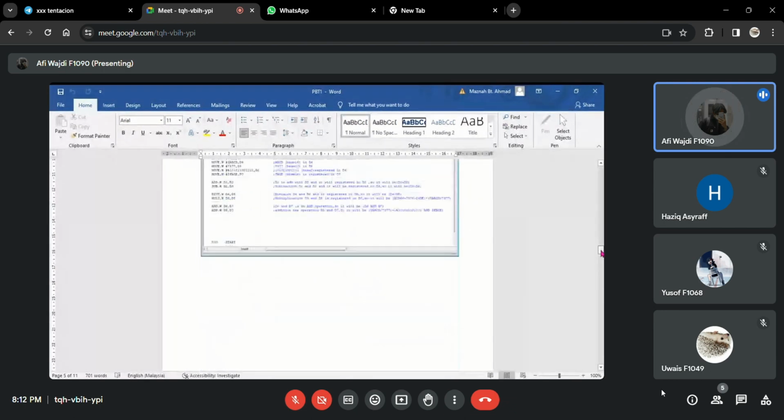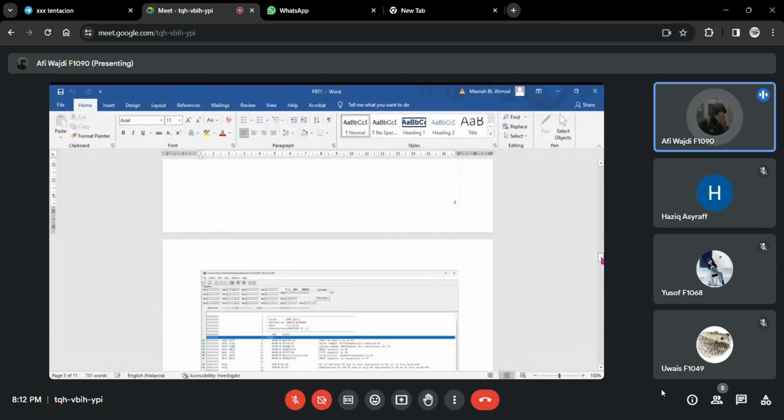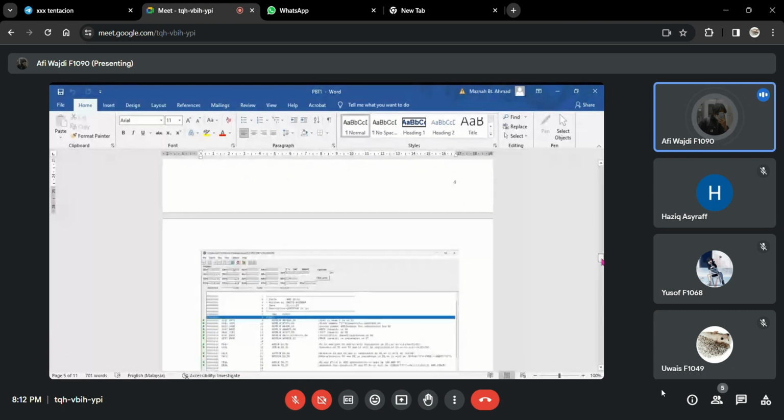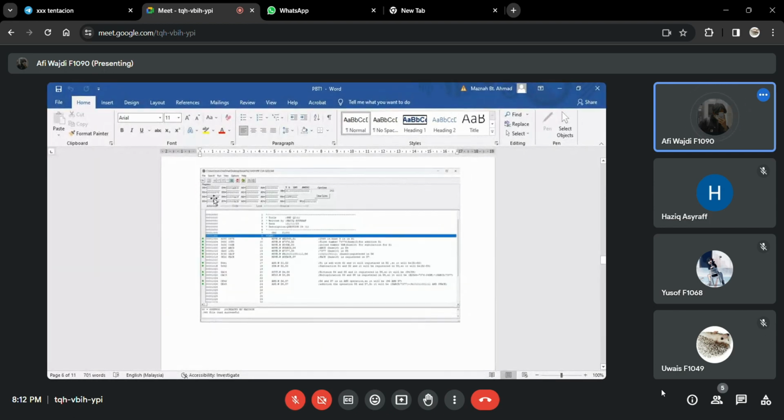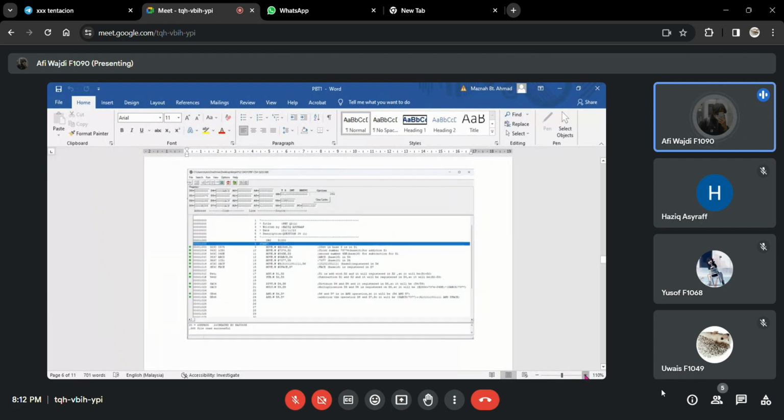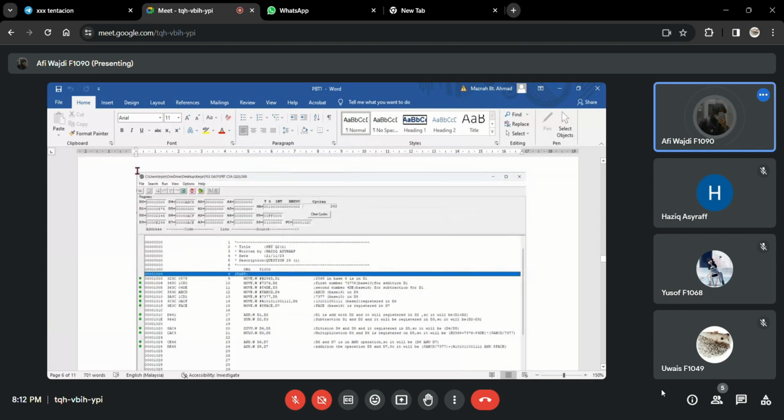So when you run the program, you will get the output. D1 output is 575. The output of the program is in hexadecimal.